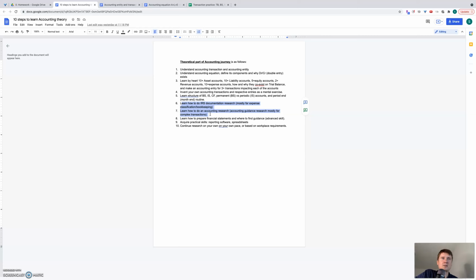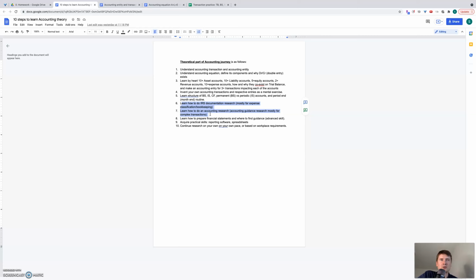So for example, if some expense is not deductible, it should be separated from the deductible expenses. Or if the IRS has some different view on some expenses like vehicles, you can deduct that by miles or deduct that by actual expenses. Or depreciation: the IRS can have its own depreciation, which is different from accounting depreciation.